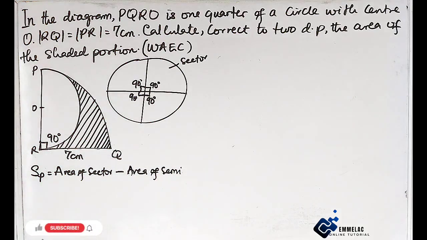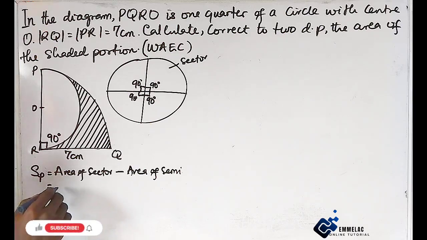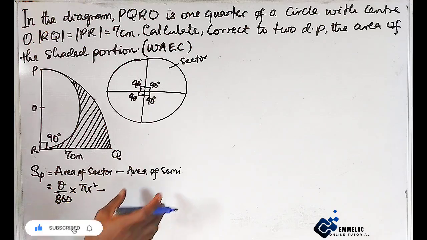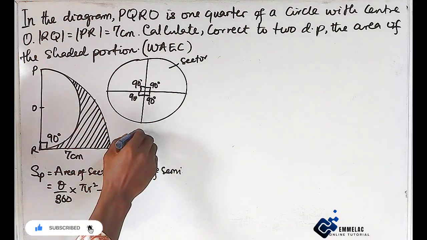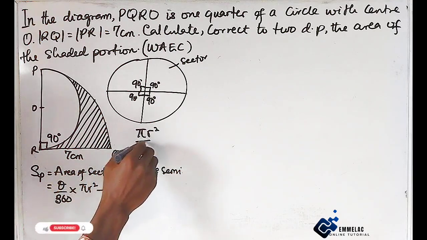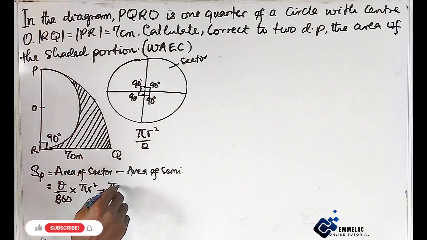So to this end, I guess we've pictured out how to solve the area of the shaded portion. The area of a sector is given as theta over 360 times pi r square, then minus area of a semicircle. Take note, area of a circle itself is pi r square. For a semicircle, it will be divided by 2, that will be pi r square all over 2.